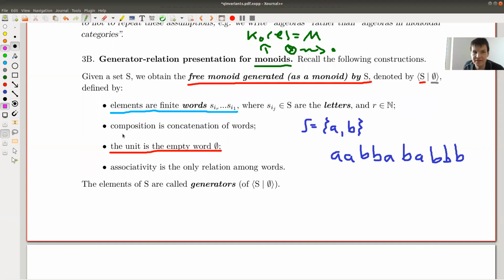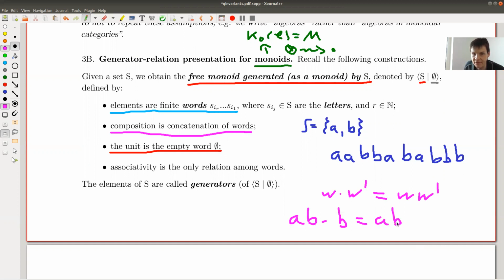How can I compose things? Well, because I allow everything, composition is just word times word is a word. Just stack them next to each other. Whatever, AB times B is just ABB, right? And so on. The easiest possible rule that you can imagine.